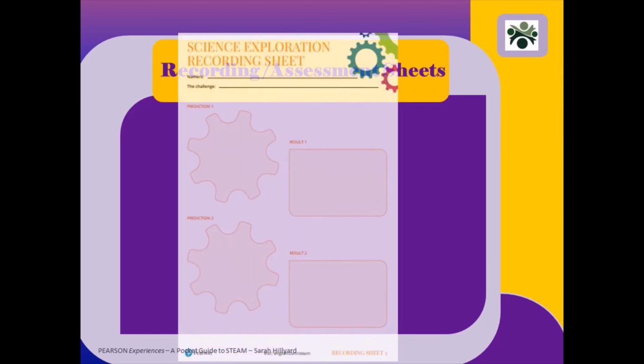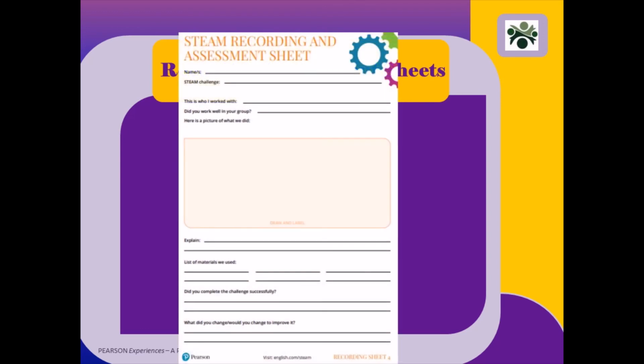For science exploration activities, giving them space to draw or write their prediction and the result is key. For more proficient writers, a space to describe the process would be useful. The last example includes much more space for details and description, and it also includes self-assessment questions.